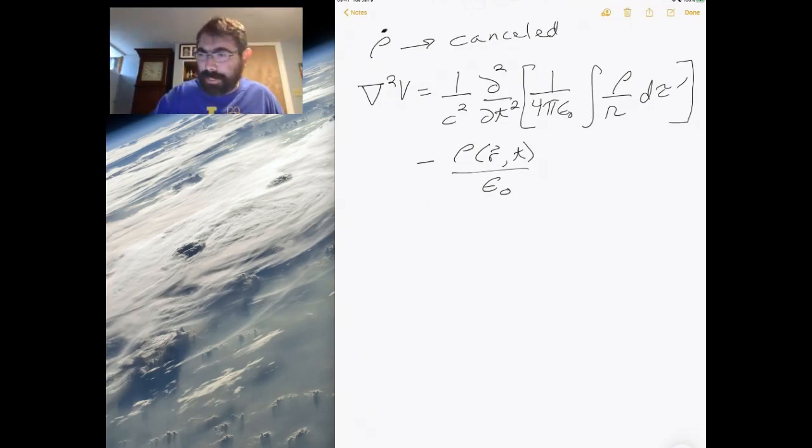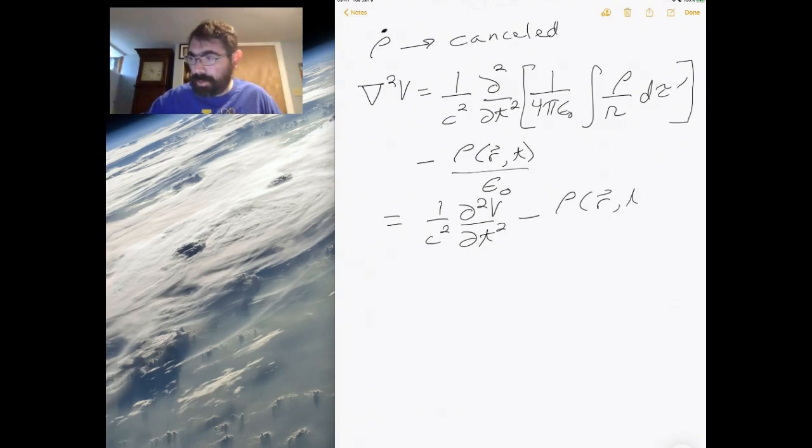So essentially what I get is 1 over c squared times the second derivative of v with respect to time, minus rho over epsilon naught.